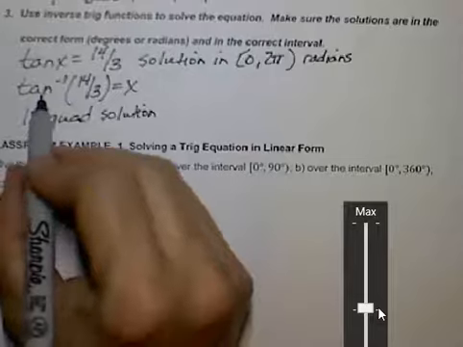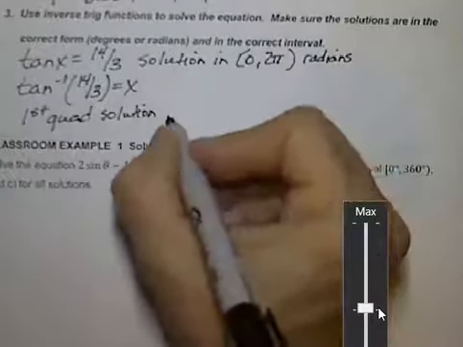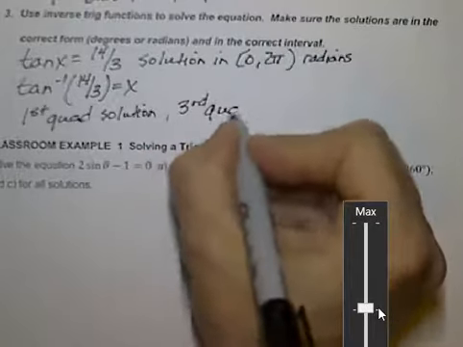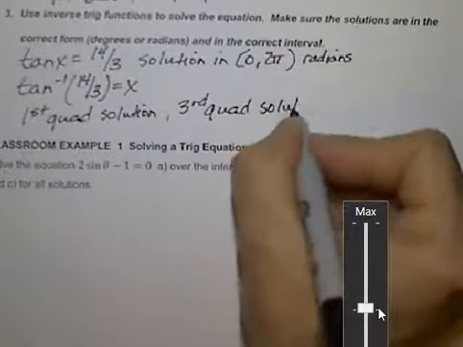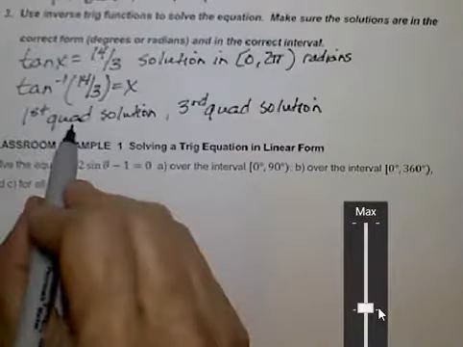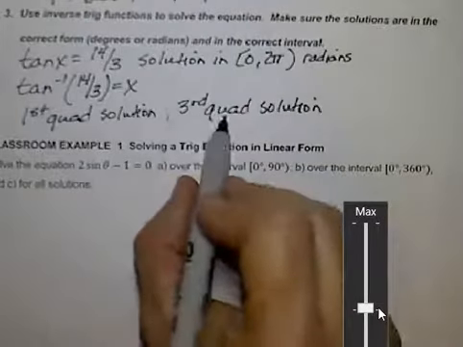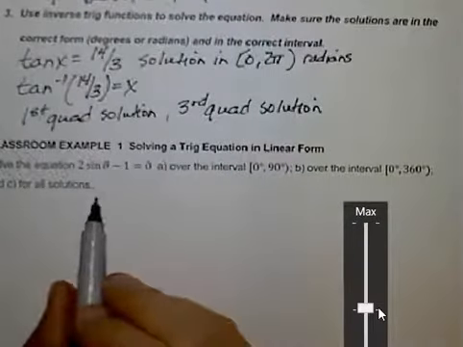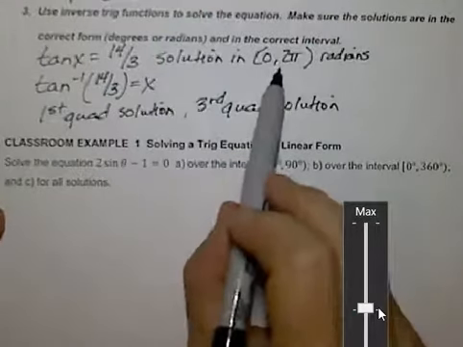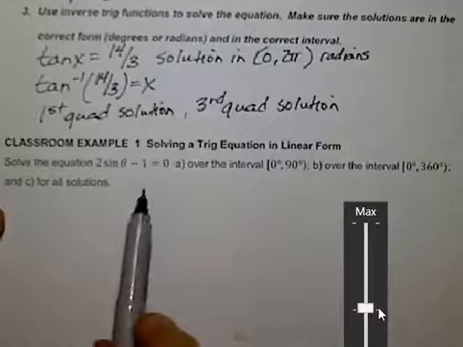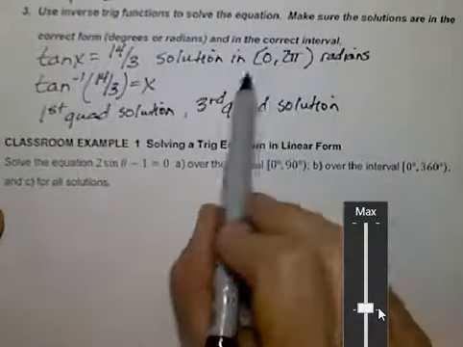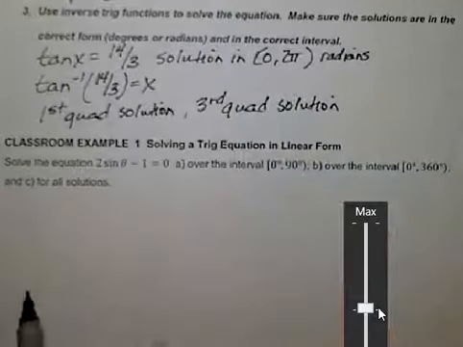For this one, because it's tangent, tangent is also positive in the third quadrant. Which means we're going to have another solution. We can use our first quadrant solution as our reference angle and then figure out the third quadrant solution from there. But that's something to always be aware of, that for the most part, you're looking for 2 solutions in between this interval. If you're using your inverse trig functions, that's going to give you one of the solutions. You're most of the time going to be looking for two solutions.